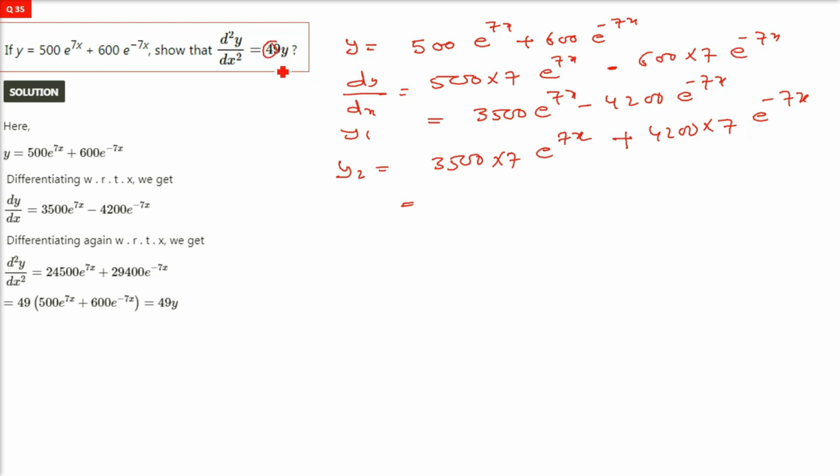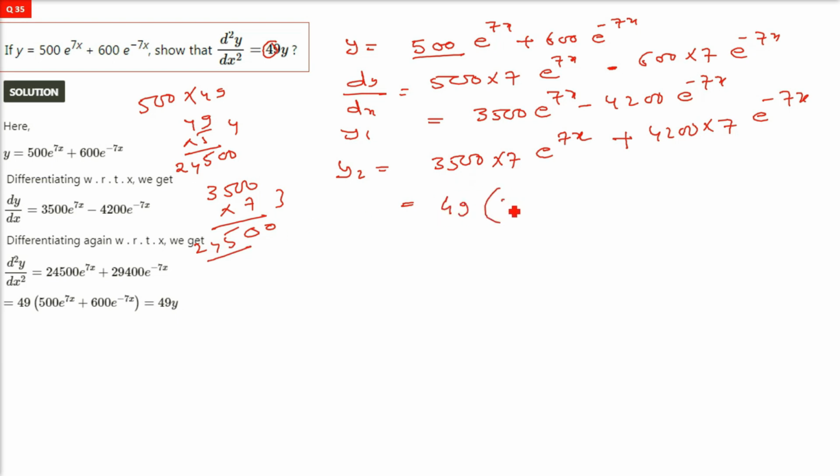You can just multiply these two. But before multiplying, why waste energy? You know that 3500 into 7 is 24,500. 4200 into 7 is 29,400. But we need 49 in the answer. So 49 into 500 is what? 49 into 500, I am multiplying it. You will get 24,500. If you multiply 3500 into 7, again you will get this only. 3500 into 7 is 24,500.